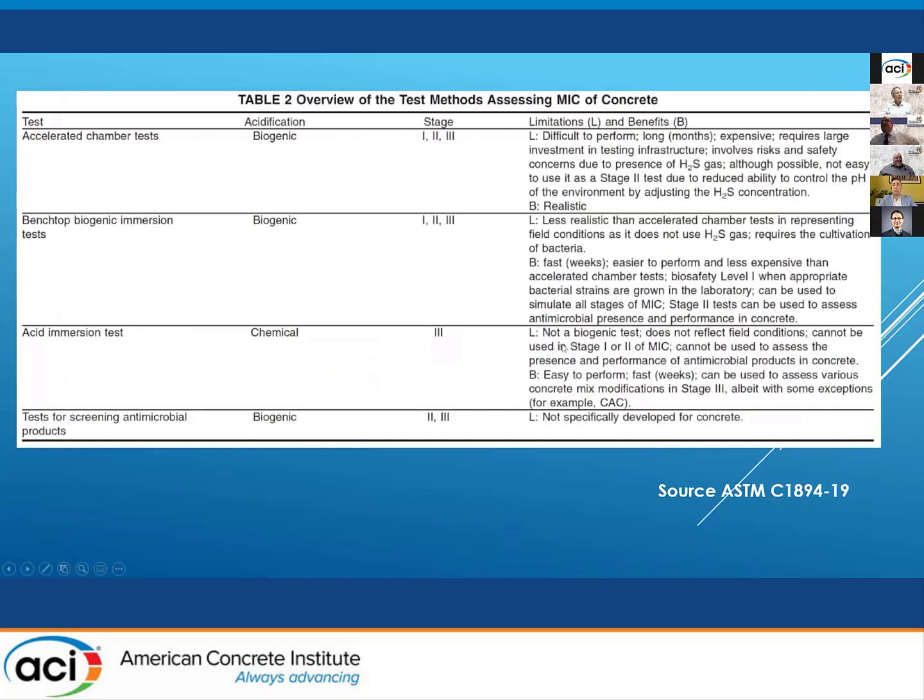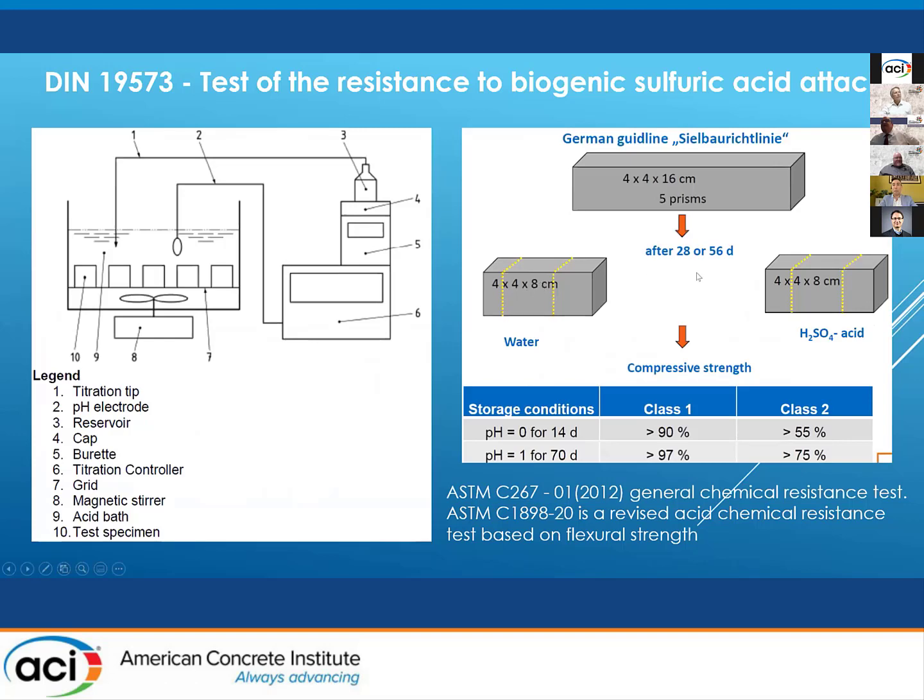This has been discussed. Basically, Jason went through the kinds of tests that are available. What I'll be looking at is just a couple of examples where different kinds of binder systems were used for different tests. The German standard is called the test of resistance to biogenic sulfuric acid, but unlike the current proposal for a benchtop test in ASTM, this is just sulfuric acid.